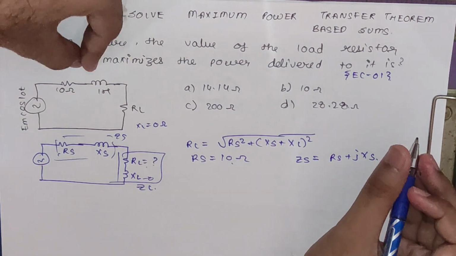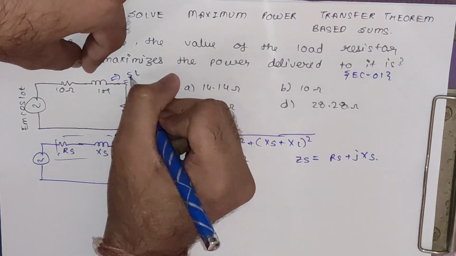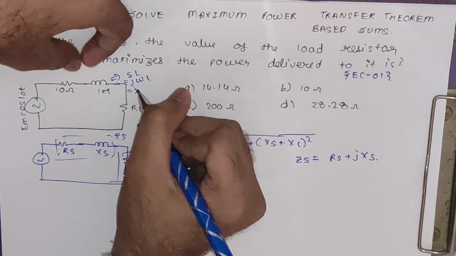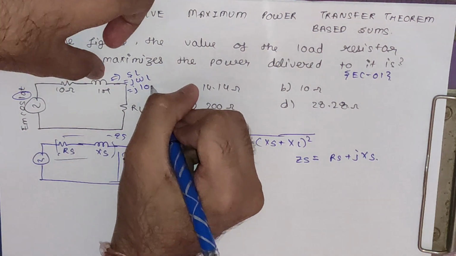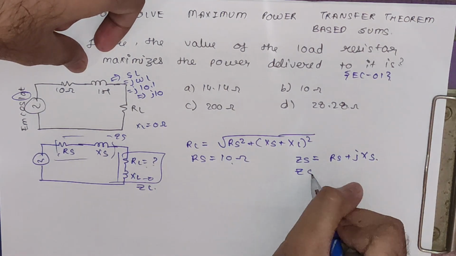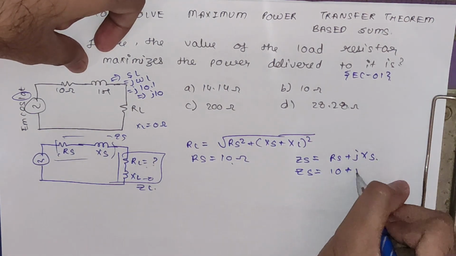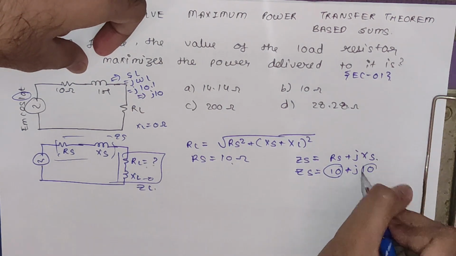From this circuit, you can write this inductor as SL, which is nothing but j omega L. Omega is 10 here, and L is 1, so it is nothing but j10. So we can write ZS as 10 plus j10.